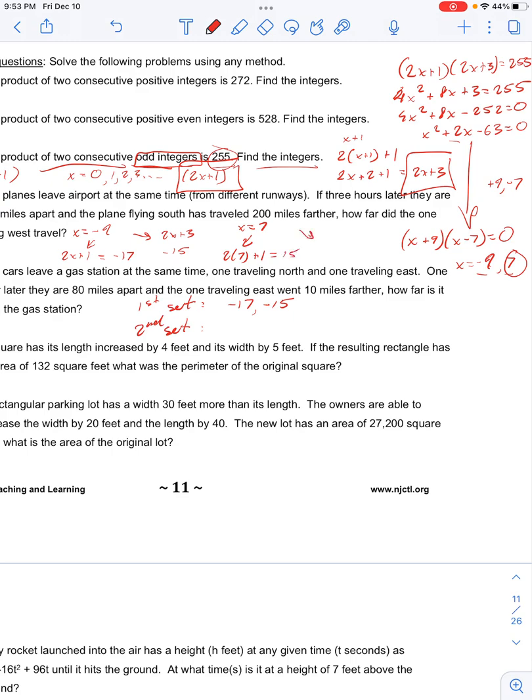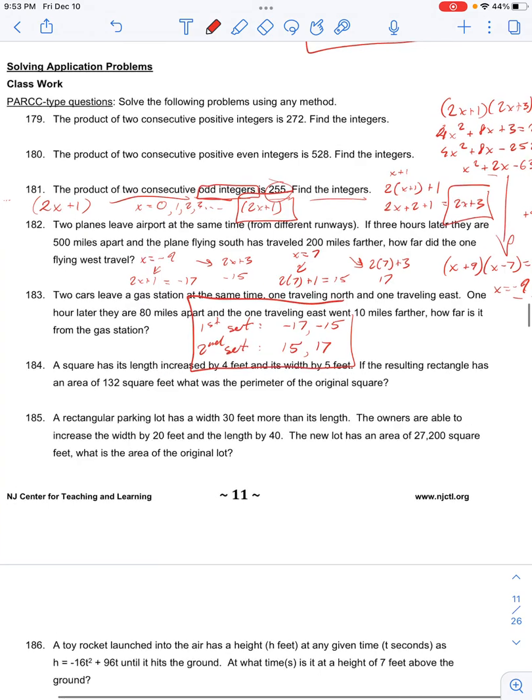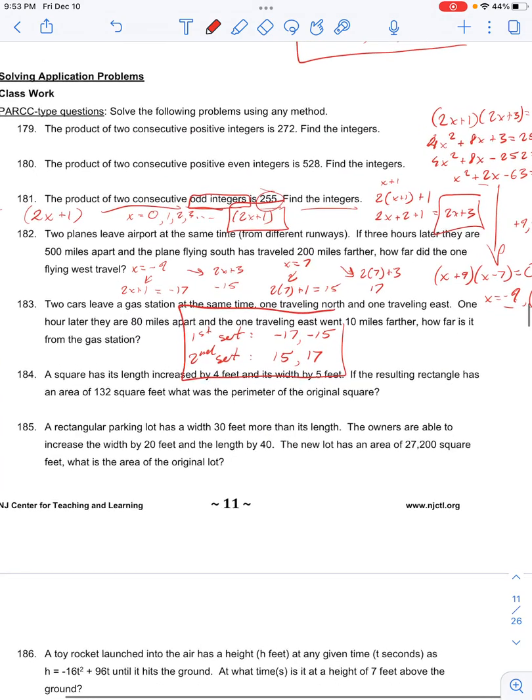And then it could also be 2 times 7 plus 3, which would be 17. So my second set is 15 and 17. And so these are the integers that you can have in order for them to multiply to 255.